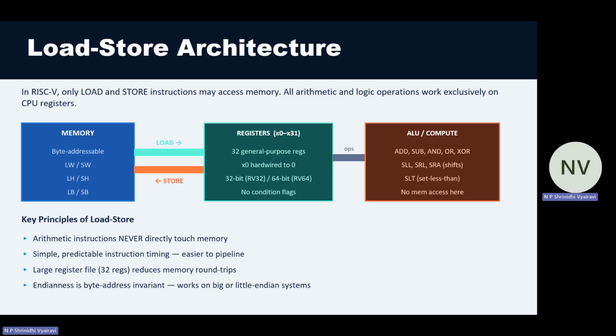Let's say you want to add two numbers. You can do so by having one number in a register and then going to the memory and fetching the other. That is possible in just one instruction. It's implied that you have to go to the memory and get it. But in RISC-V, everything is only within the registers itself.